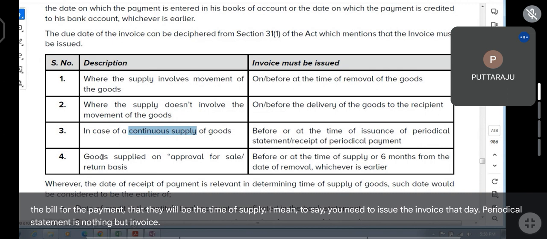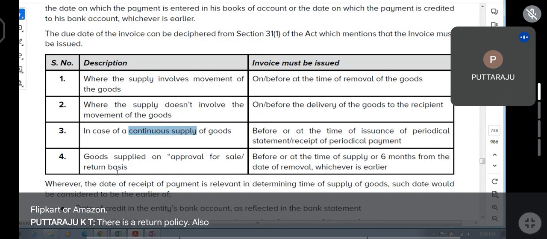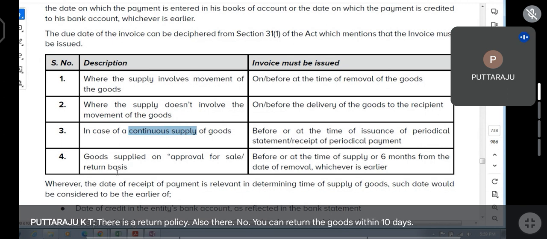When goods are supplied on approval for sale or return basis. Have you guys heard this? In Flipkart or Amazon, there is a return policy also, no? You can return the goods within 10 days. Normally they would have mentioned that.